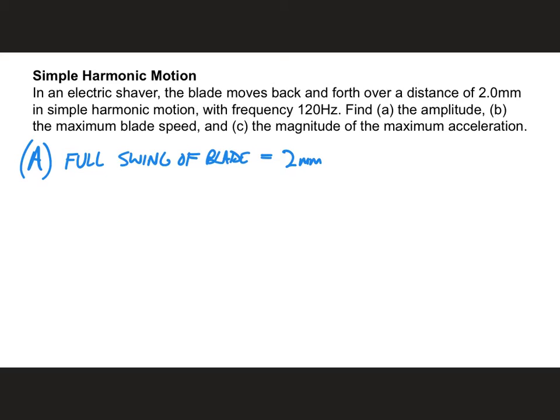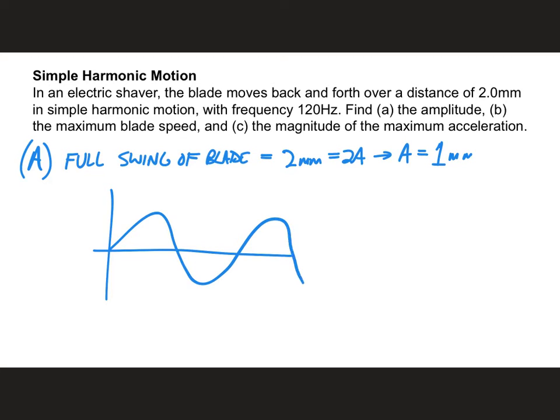So a full range is 2 millimeters, okay? What that means is this is double the amplitude, okay? Amplitude's always half of that, so the amplitude's 1 millimeter. So what do I mean by this? So the oscillatory motion of this blade, 1 millimeter up, 1 millimeter down. That's what we would be.